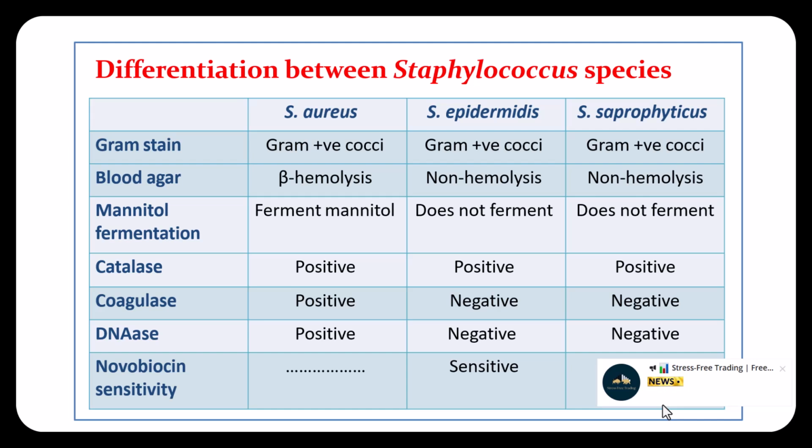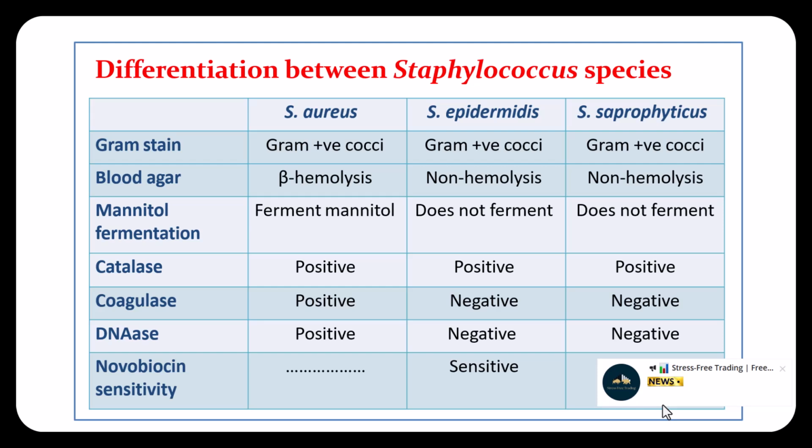Another test, the DNase: also, only Staph aureus has the DNase enzyme, while other Staphylococci don't. And if the coagulase is negative, we can differentiate between the two negative Staphylococcus, epidermidis and saprophyticus, by novobiocin sensitivity test, as epidermidis is sensitive to the novobiocin, while saprophyticus is resistant to the novobiocin.